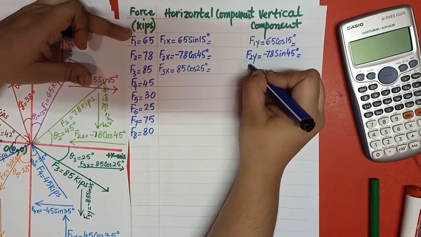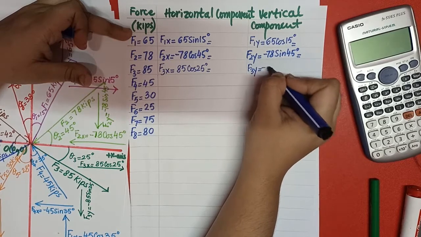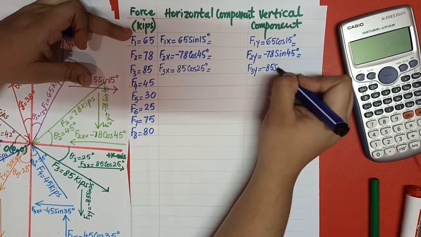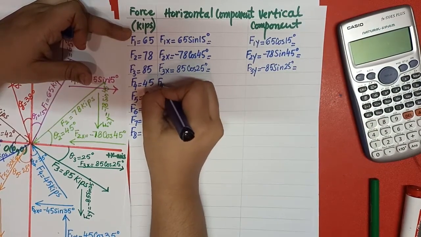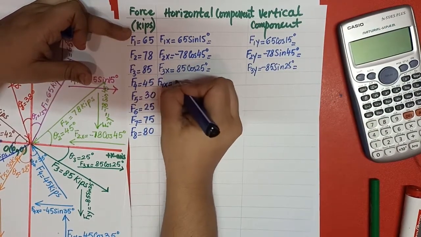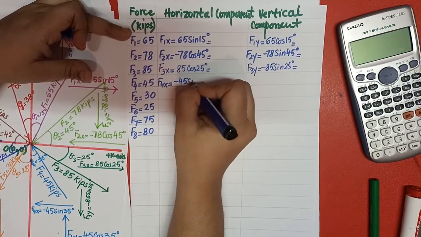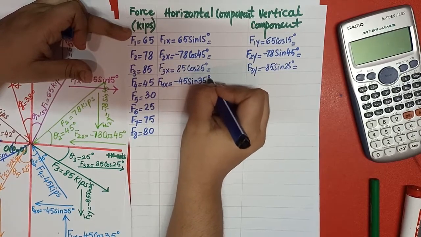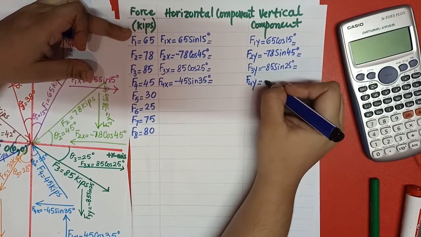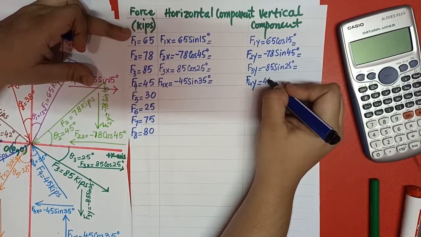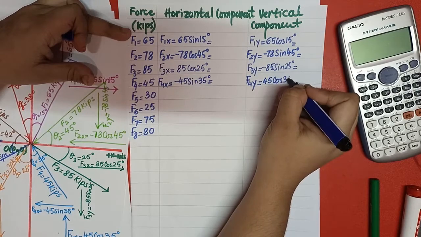So F3y is equal to minus 85 sine of 25 degrees. F4x is equal to minus 45 sine 35 degrees, and F4y is equal to 45 cos of 35 degrees.